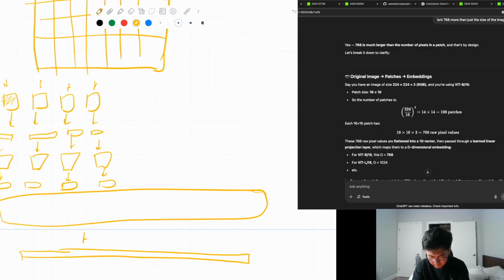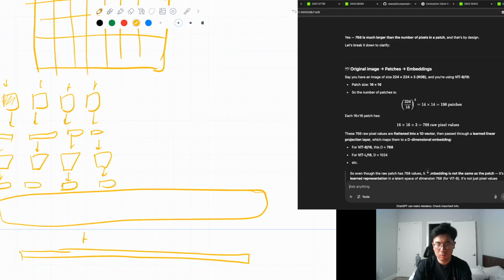You just flatten it. Do you even need this linear projection? Why is the linear projection layer needed? Just pass the raw image.